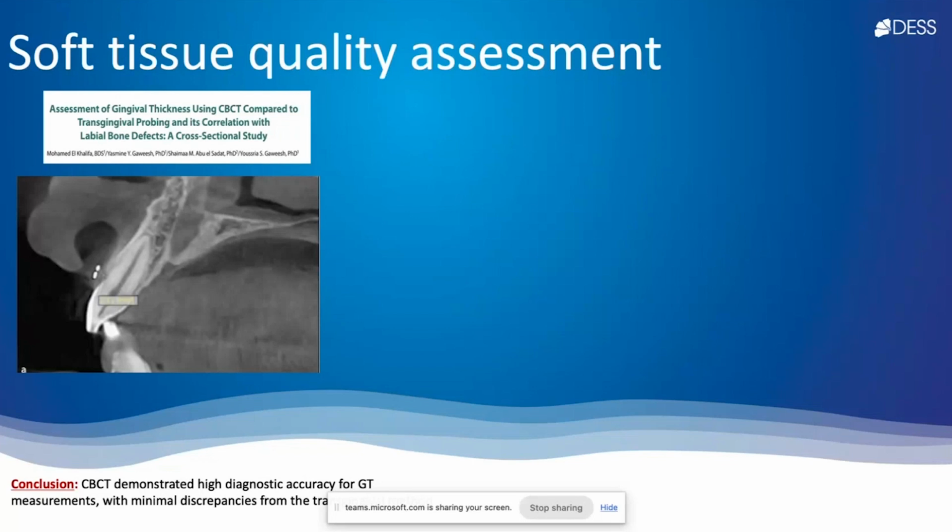Actually, this was my research, which has been published in the Journal of Oral and Maxillofacial Implantology. I was assessing the soft tissue by using CBCT, and it's a very easy method. In a very simple way, you can put cotton rolls in the patient during the scan, so you can see the shadow of the soft tissue, and you can easily assess your soft tissue before planning.